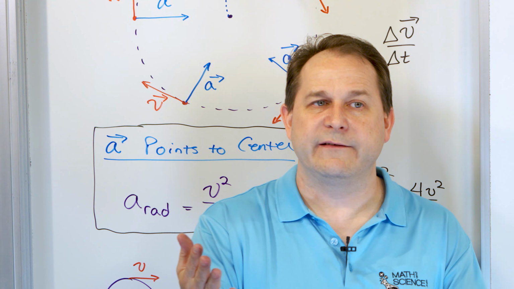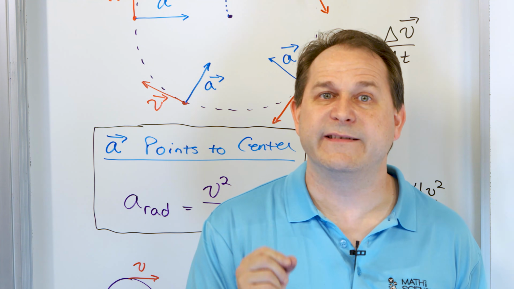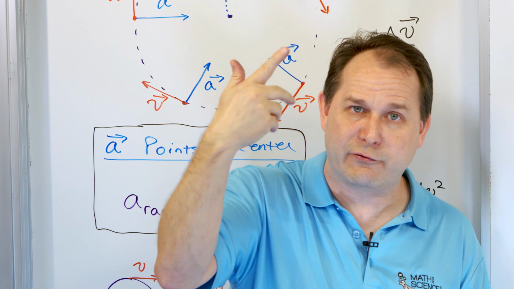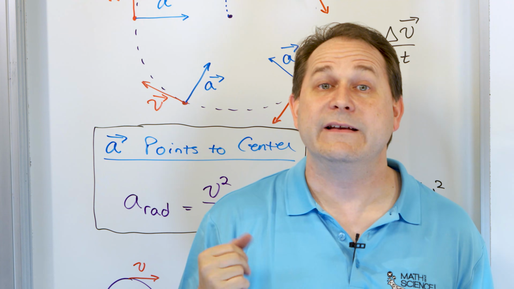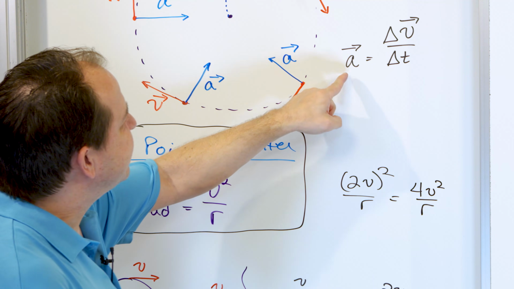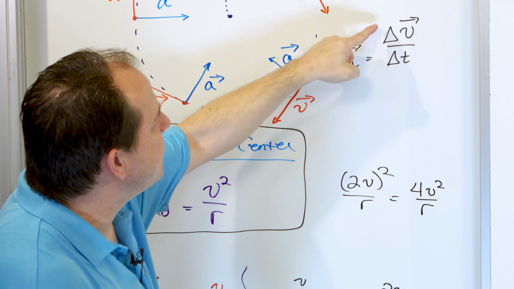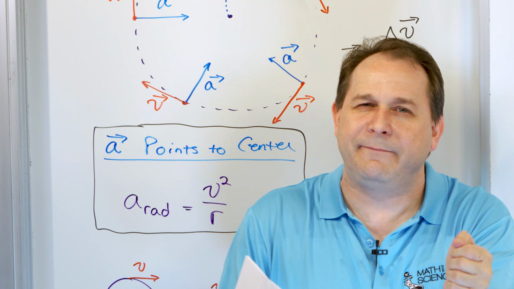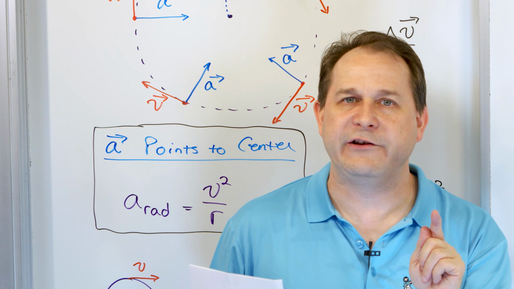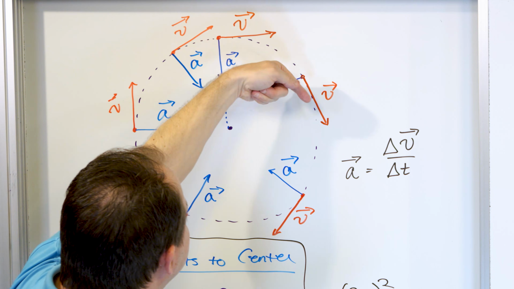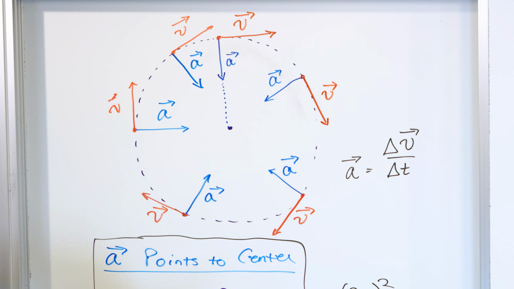Some of that is increased just because of the speed I'm increasing, and some of that is because, with the increased speed, the direction around the circle is also changing. Remember, the acceleration is the change in velocity over time, but the change in velocity can happen just by speeding up, and also a change in velocity can happen simply by changing directions of the velocity vector.